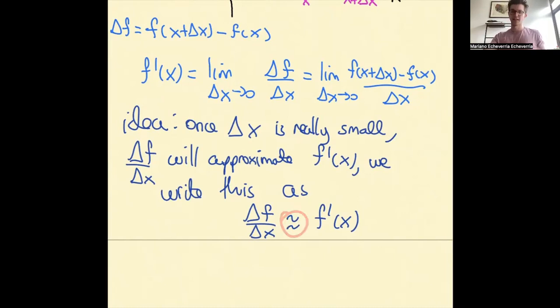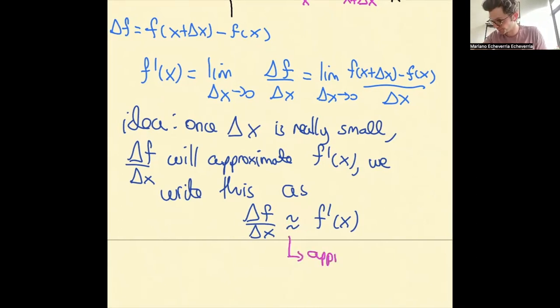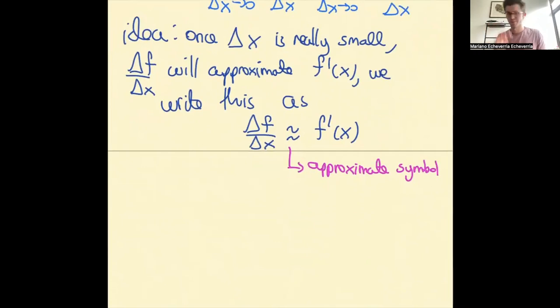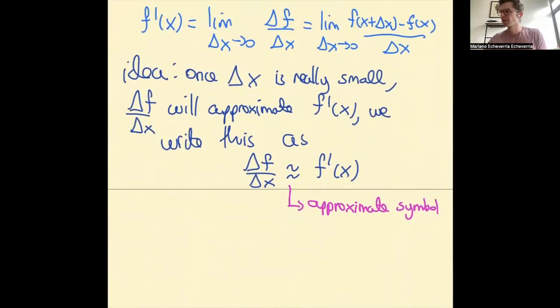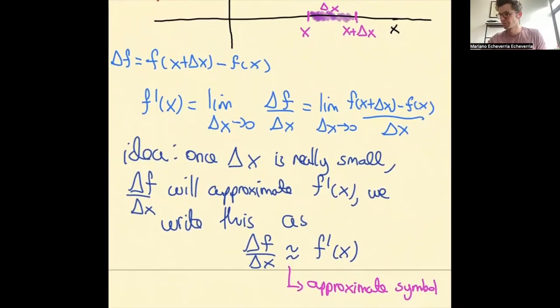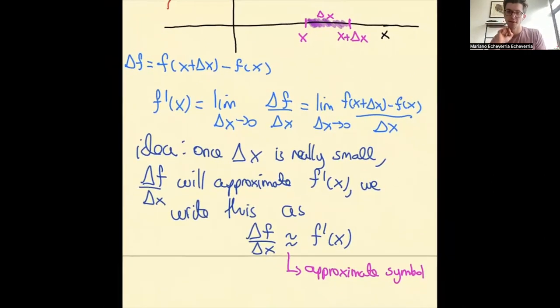It's just a symbol that's sometimes used to mean that it approximates it. So this is just the approximate symbol, if you want to put a name to it. Is that okay? Let me stop here. Just so far so good. Is this making sense?